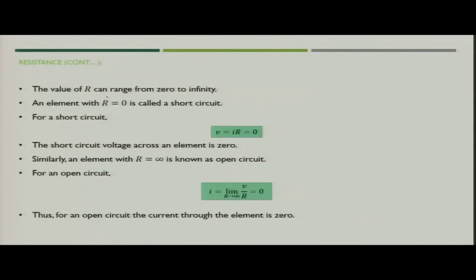Now, the value of resistance R can change from 0 to infinity. If the value of R is 0, it means that the element is a short circuit. Ideally, if you take an electrical wire, you assume that the value of R is 0, because if you connect that wire between two nodes, then the two nodes will be short circuited.